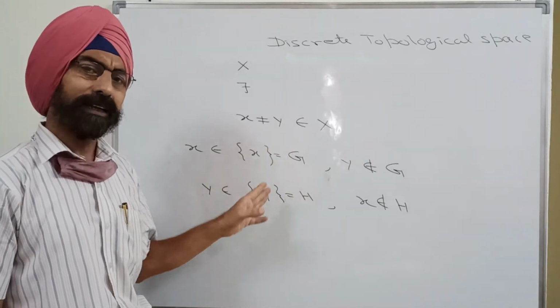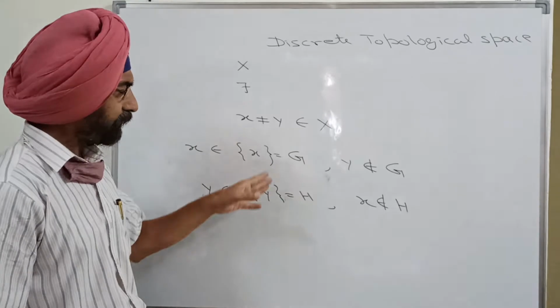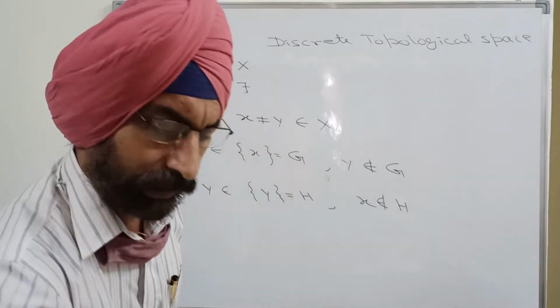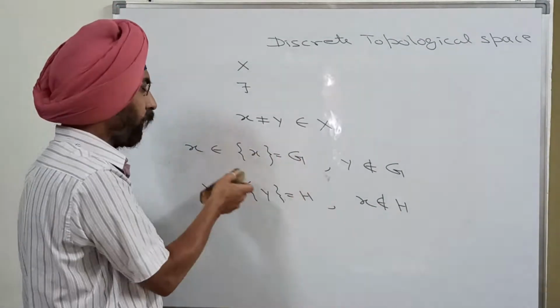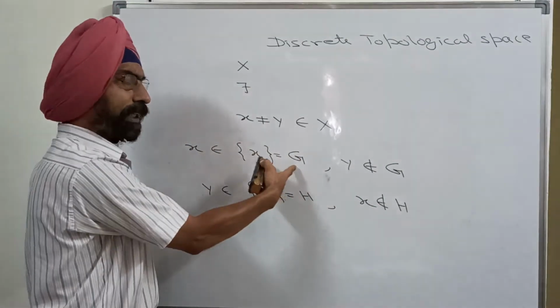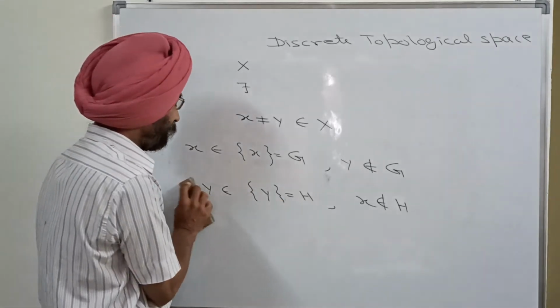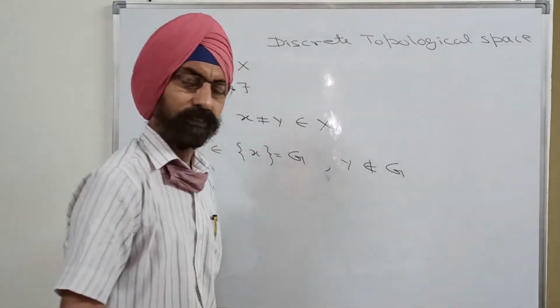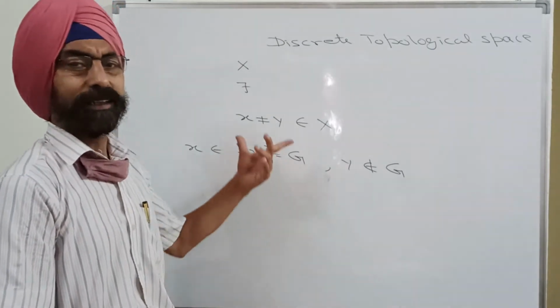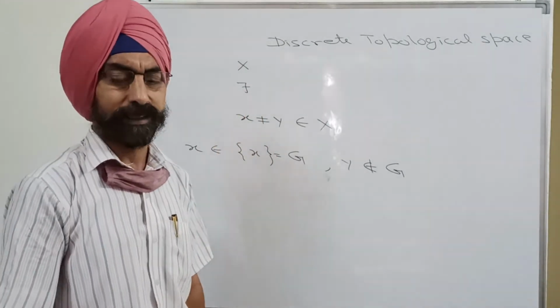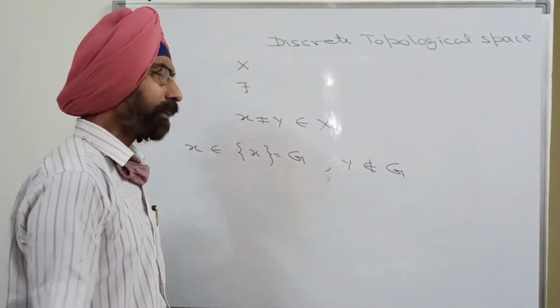Both exist here, but one of them will work. I can take G as {X} or H as {Y}, and that is more than enough to prove that the discrete topological space is a T0 space. So this is the first example.